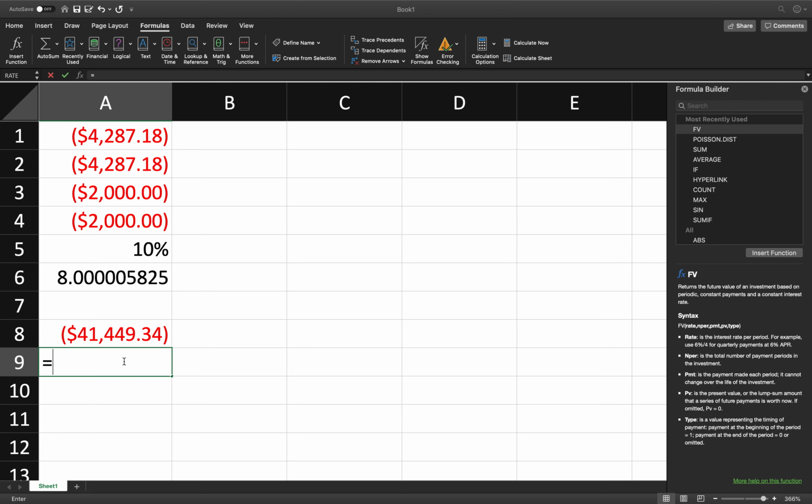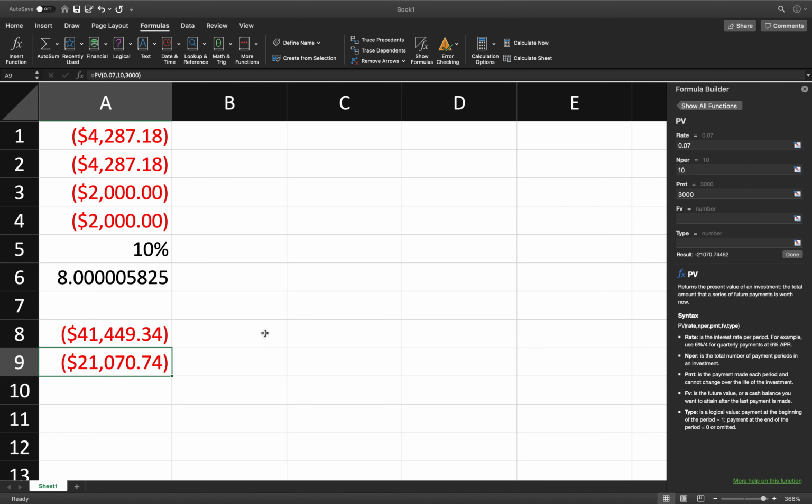Same thing, we can find the present value, which is PV. The numbers are really the same: 0.07, 10 periods, the PMT is 3,000 again. And that's our result.